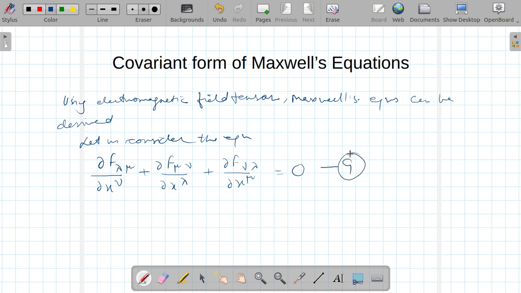Say this is equation number 9, and it is the continuation of the earlier lecture.